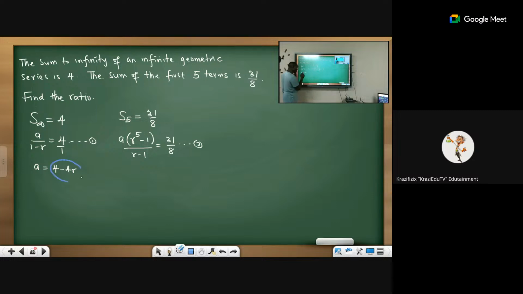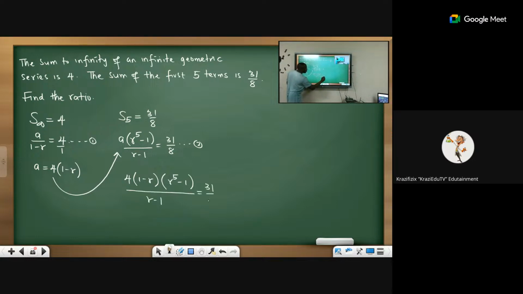If I don't multiply, it would be 4(1 minus R). Now, let's bring that here. Instead of writing A, what should I write? 4(1 minus R) times (R to the power 5 minus 1) over (R minus 1) equals 31/8.